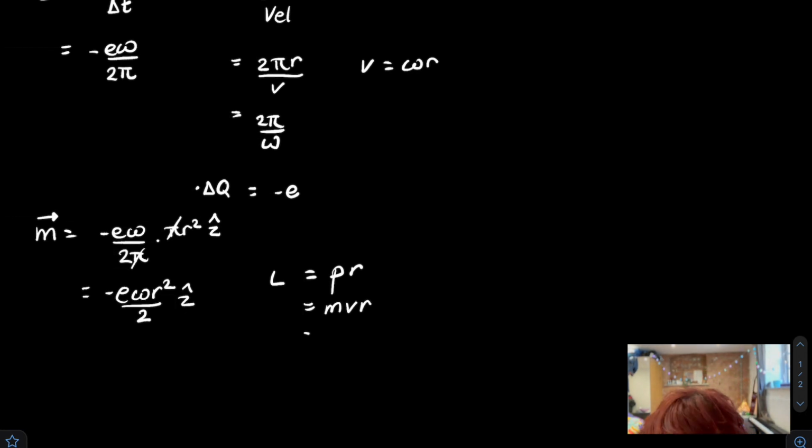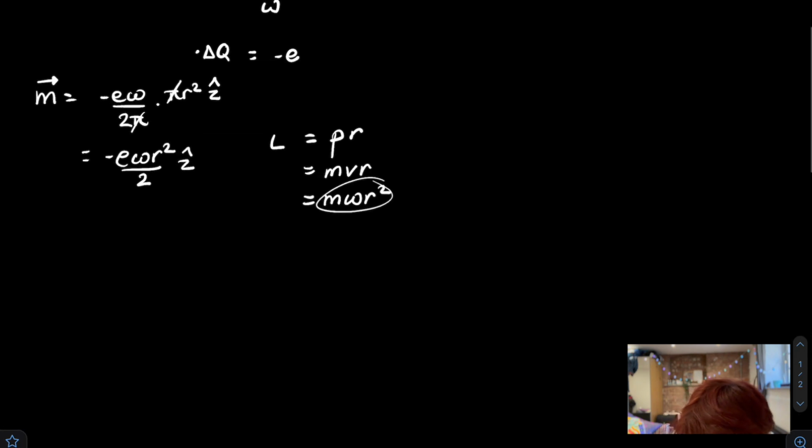But we said that v is omega times r, so therefore we can write this as m omega r squared. So let's go ahead and compare this expression to this expression right here. What is that going to be? Well, we have an omega r squared right here.